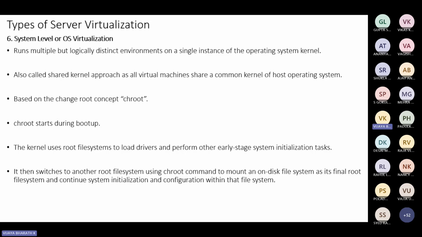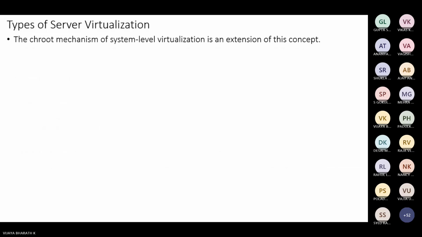It then switches to another root file system using the change root command to mount a disk file system as the final root file system. So you'll have a common root and subsidiary roots for other VMs to get launched into a directory. This change root mechanism, we call it system level virtualization.